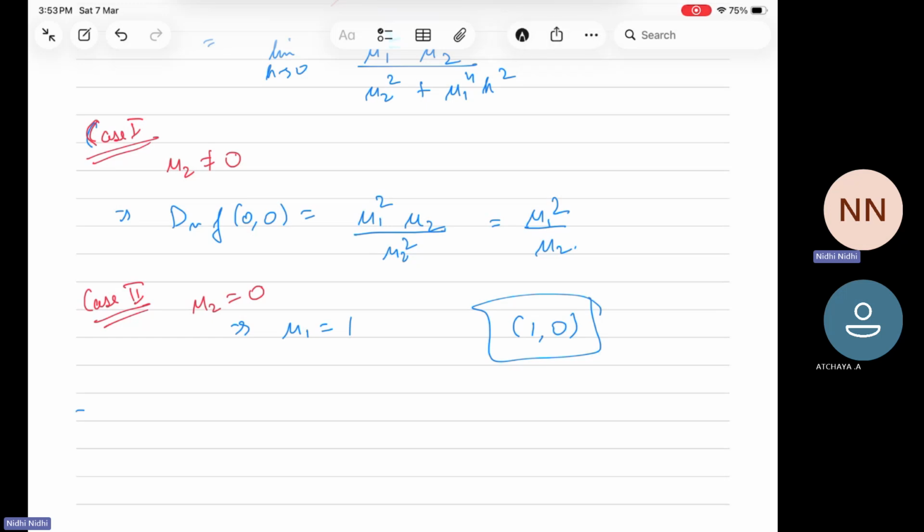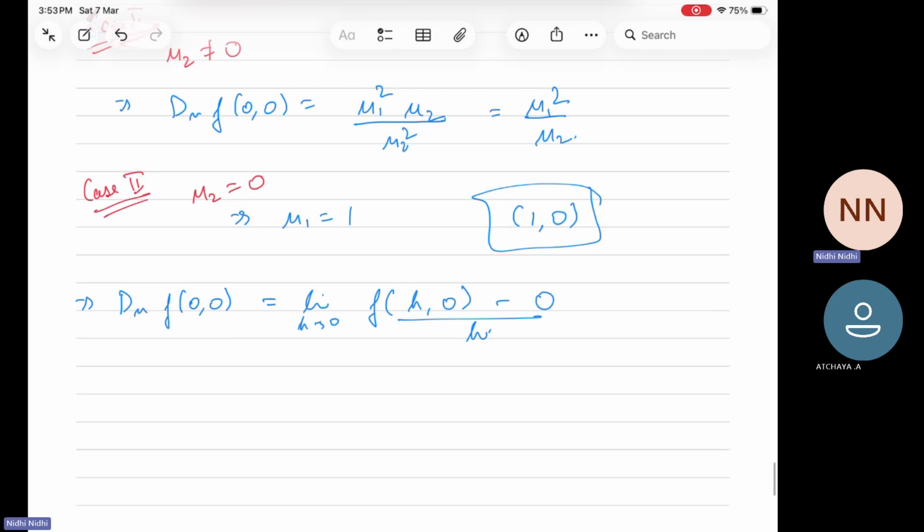That means D_u f at 0, 0 is limit h tending to 0 of f(h, 0) minus 0 upon h. And by the definition of function, if we take y to be 0, we have x squared by, so h squared times 0, so this is equal to 0.